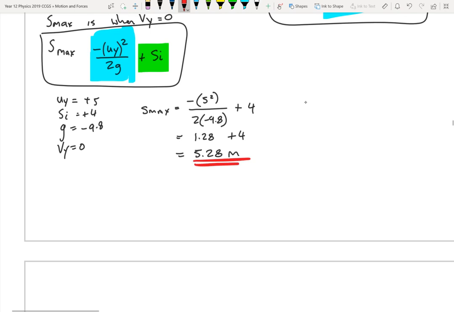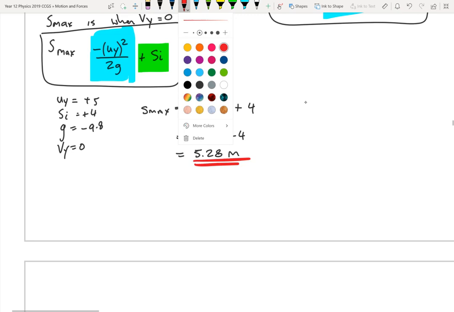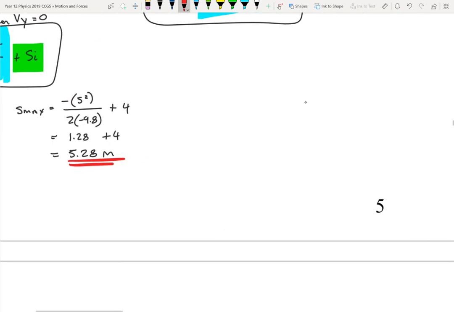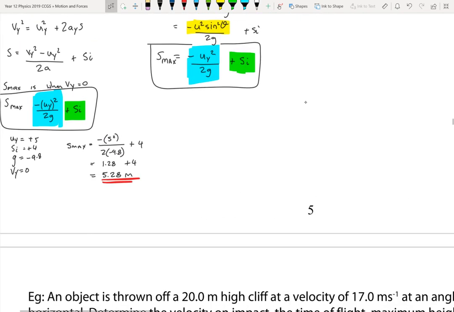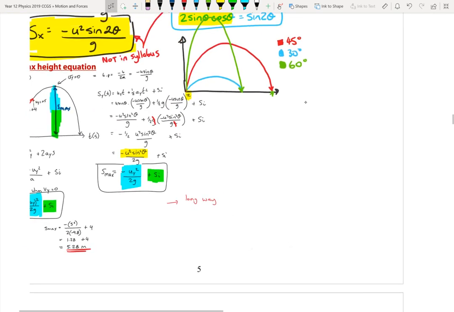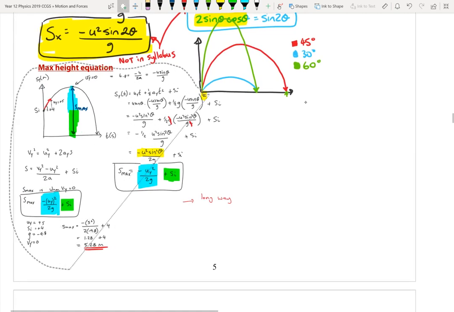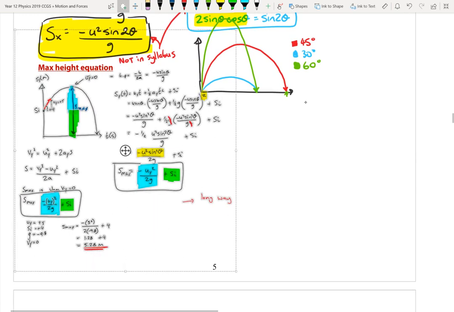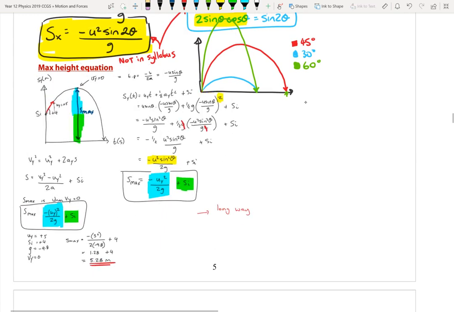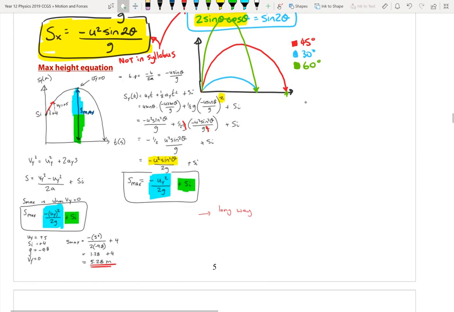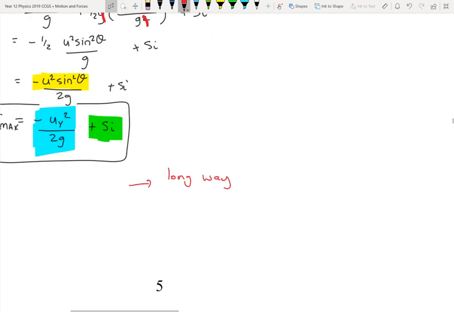Now, I had written down in my previous lesson last year, if you didn't derive this equation and you weren't able to use it, the long way of doing it is step 1, find t.